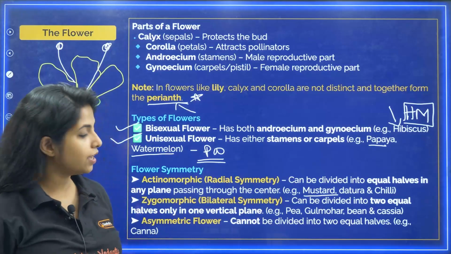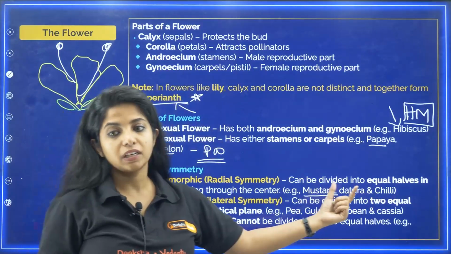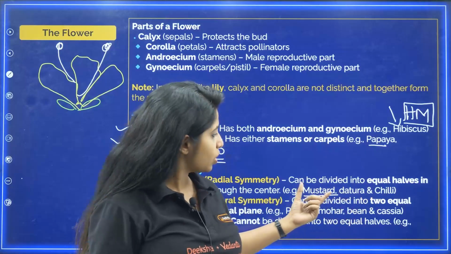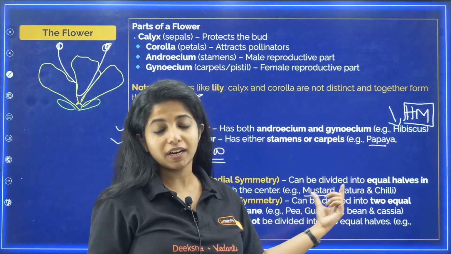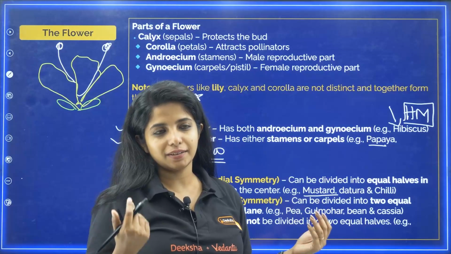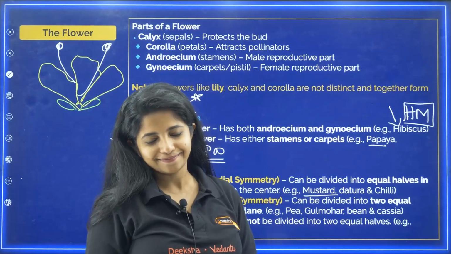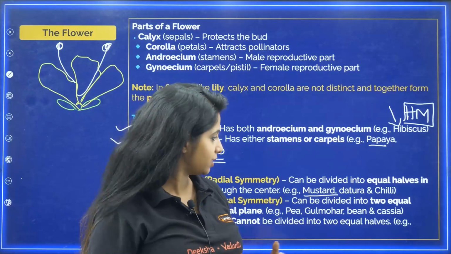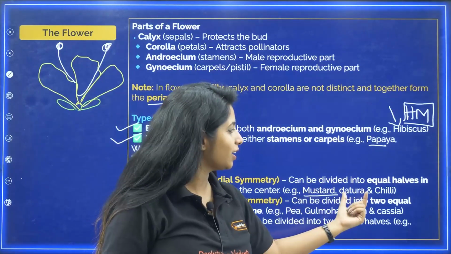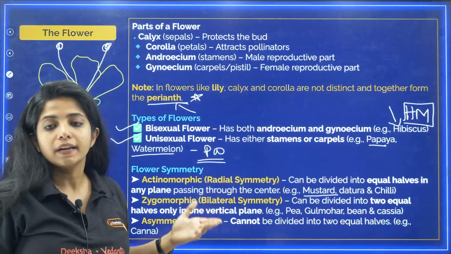Mustard, datura and chili are actinomorphic, that is, they show radial symmetry. Mustard and chili are used for cooking, and datura is basically a drug that causes hallucination.